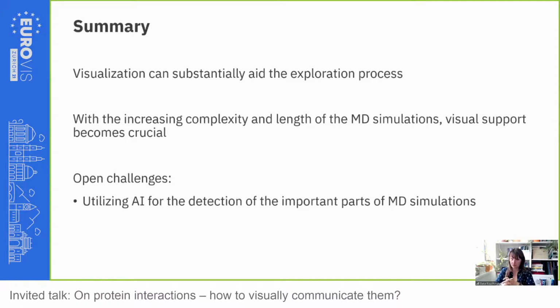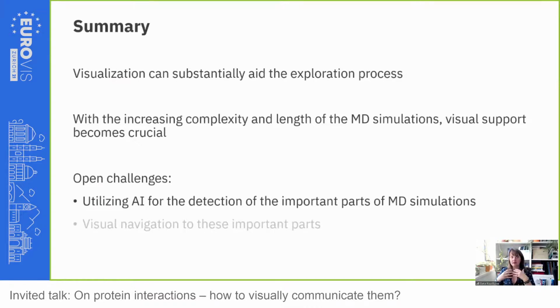Because it's not just about single long MD simulations, but nowadays we are capturing ensembles of hundreds and even thousands of simulations to confirm or deny some hypothesis. And this becomes really a huge amount of data and a big problem.